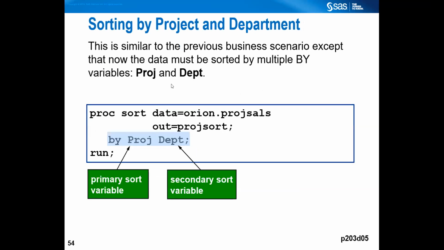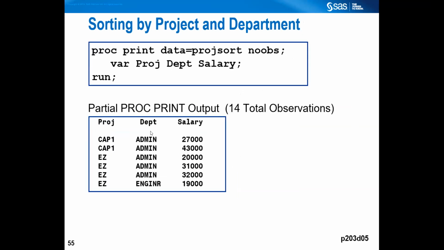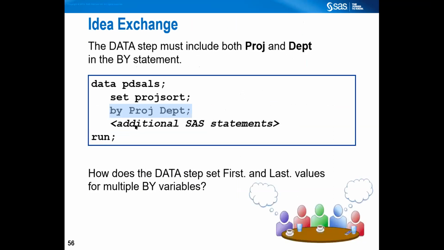Though you are going to sort your data by project and department, while processing, you should process via first dot as department. So that's what is in your data step. Of course, you are writing these statements and your by statement.